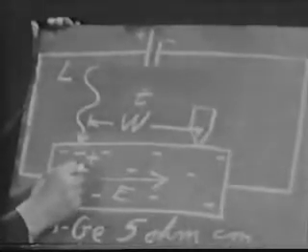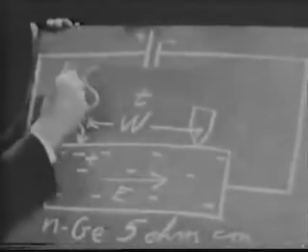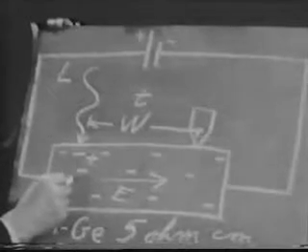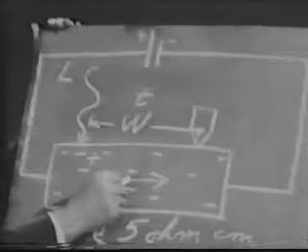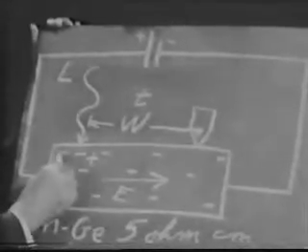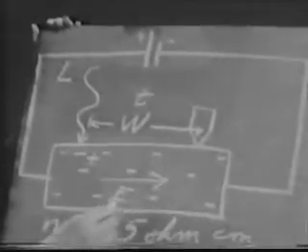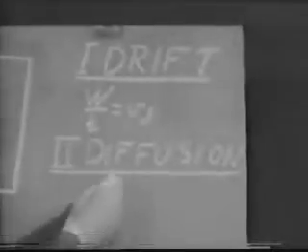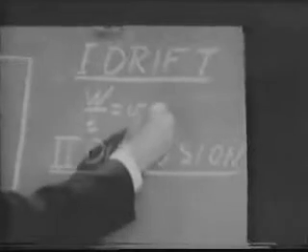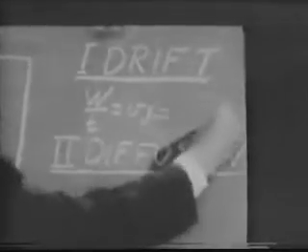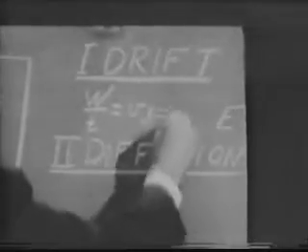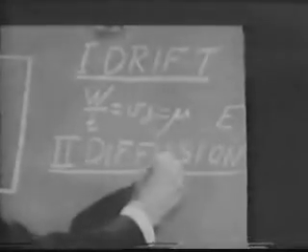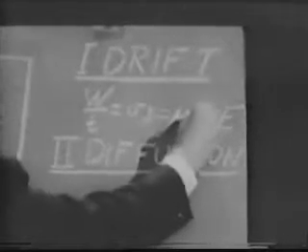We shall show first that the disturbance produced by the light does move along the rod in the direction expected for a positive charge with constant drift velocity as required by the mobility equation, namely drift velocity v sub d equals electric field E times a constant mu called the mobility, which depends on temperature.